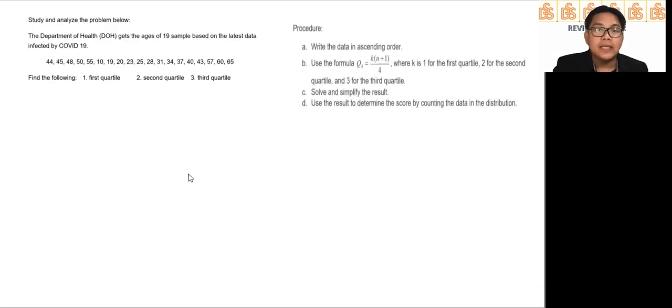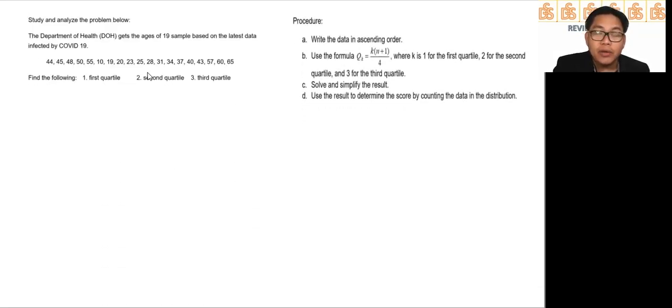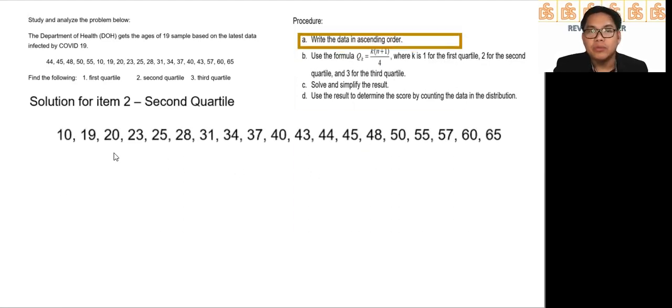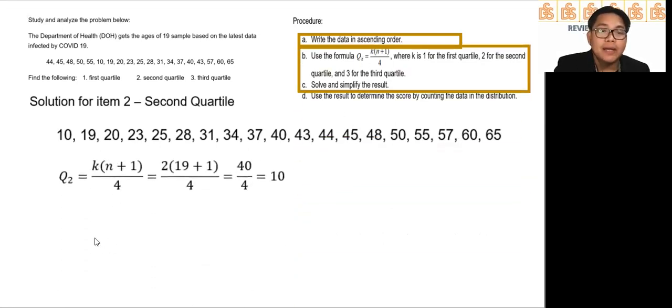Let us proceed to item number 2, the second quartile. Again, to solve for the second quartile, we will be using this procedure. First, arrange the same data in ascending order, and then use the formula. But instead of substituting 1 for K, we now use 2.